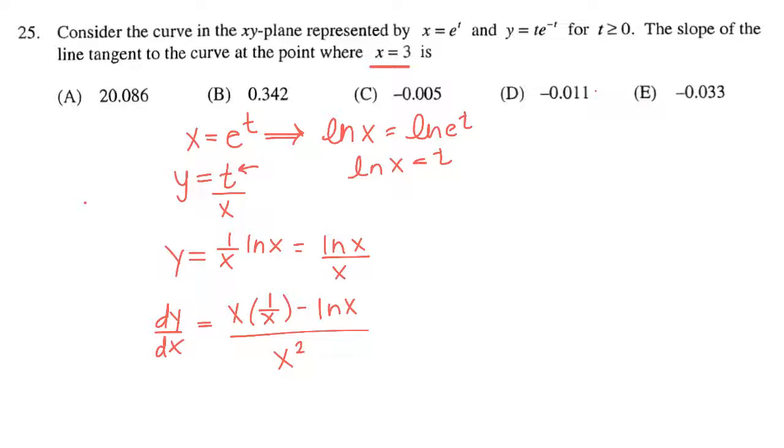And now we substitute in, or we find the slope dy/dx when x is 3. And this is a calculator problem. We end up with 1 minus the natural log of 3 all over 9. And when you type that in your calculator, it looks like you should get answer choice D.